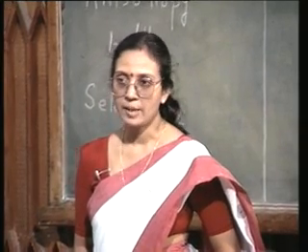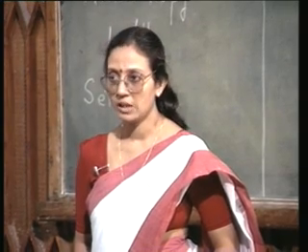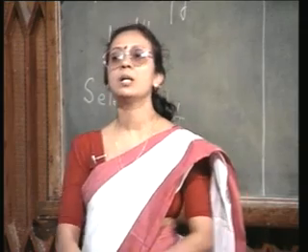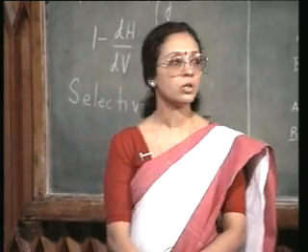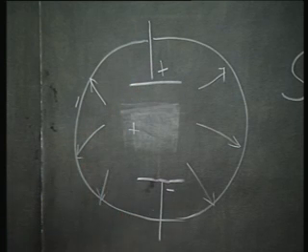I have applied a high frequency voltage, an alternating voltage, right. Let us say during one half cycle, one of the electrodes is positive, the other electrode is negative. During one half cycle, this is the situation.